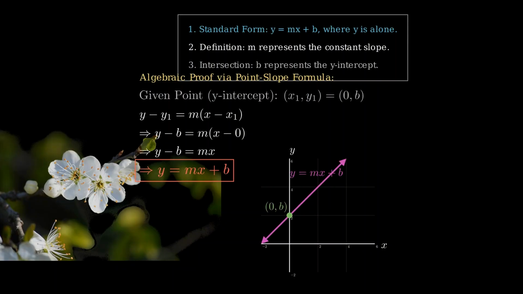Substituting our point 0, b into this expression gives y minus b equals m times x minus 0. Simplifying the right side gives y minus b equals mx. Finally, adding b to both sides isolates y, leaving us with y equals mx plus b. The formula is beautifully proven.